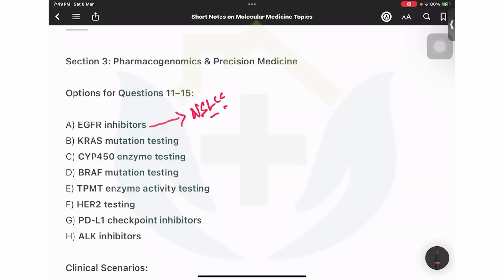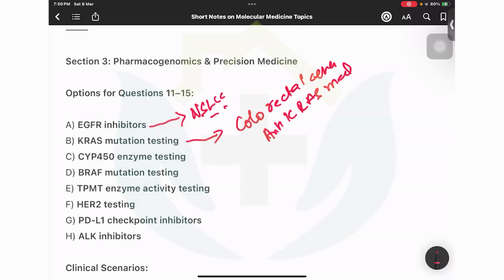Okay. KRAS mutation testing? Colorectal cancer, where we are using anti-KRAS medications or KRAS blockers. If the mutation is there, the KRAS blockers will not work.